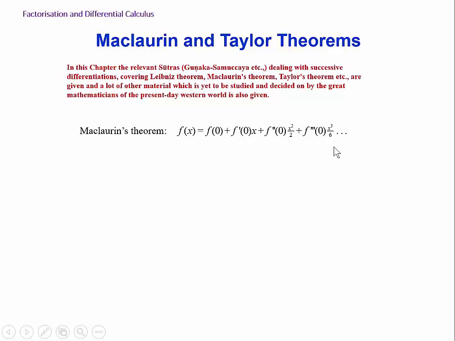And we see integration involved as well, because if you imagine a factor of 1 here, then integrating 1 gives x, integrating x gives x squared over 2, integrating x squared over 2 gives x cubed over 6, and so on. So it's a kind of combination of differentiation and integration together.